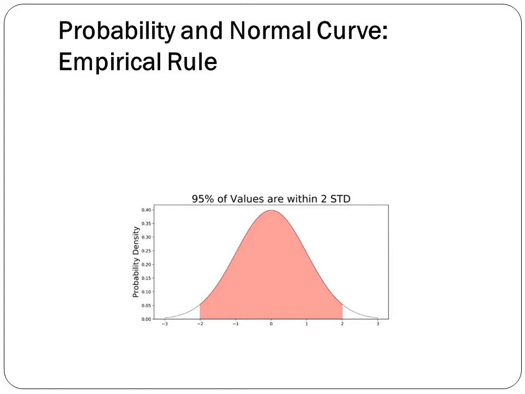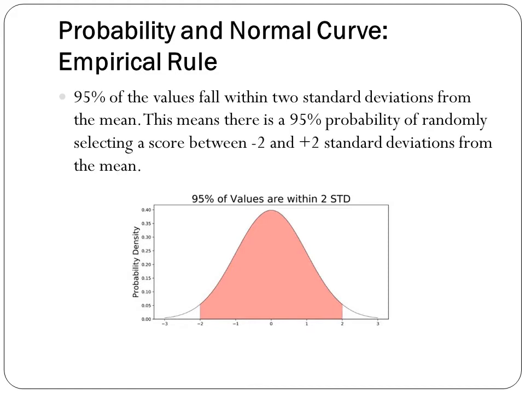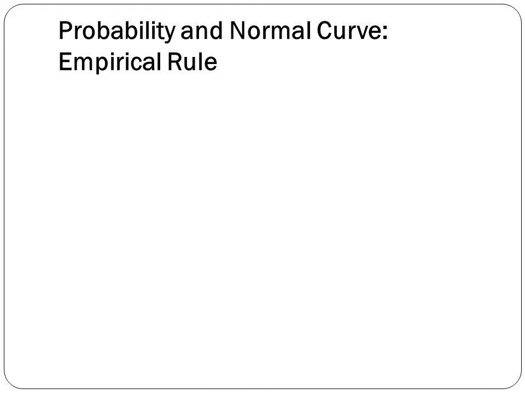And from that boundary, the area involved at the center is equivalent to 95%. So it means to say 95% of the values fall within 2 standard deviations from the mean. This means that there is a 95% probability of randomly selecting a score between -2 and +2 standard deviations from the mean. That is the second part of the empirical rule.